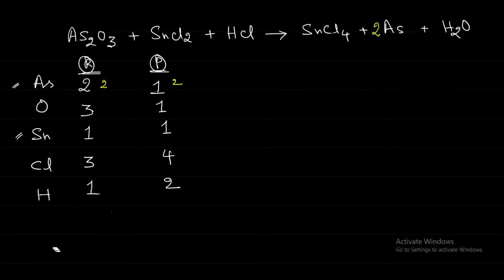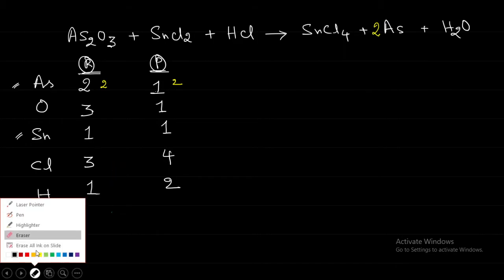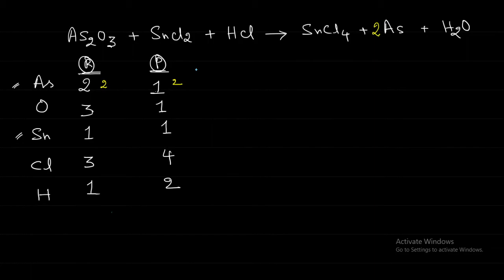Like it is given in your textbook, what is being done here? First we equalize the arsenic and oxygen, so we are multiplying the arsenic by 2, and water by 3.